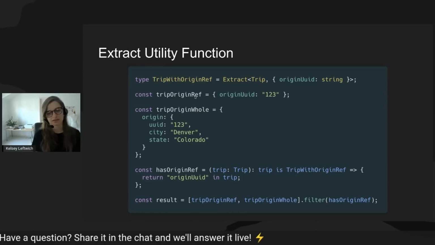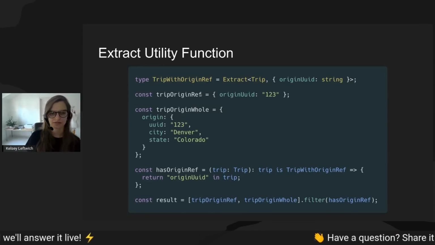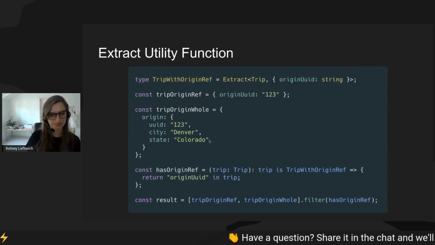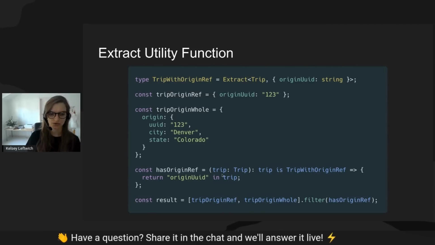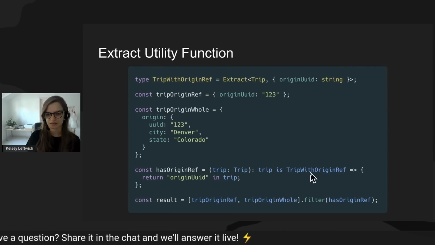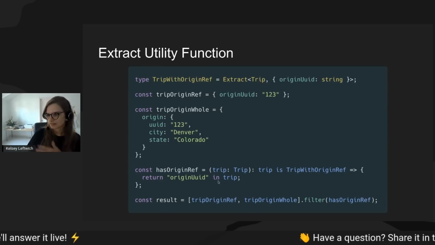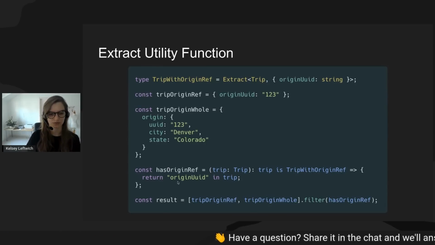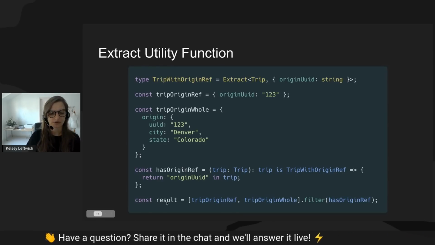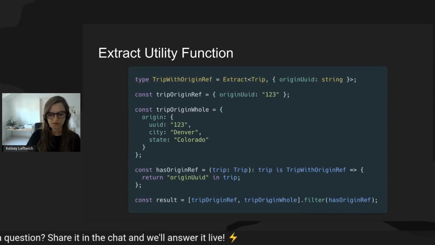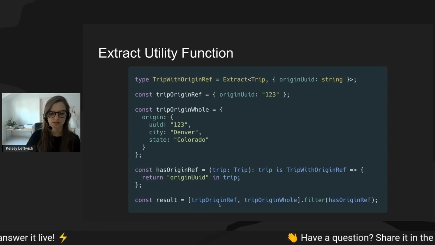Actually, what I'm demonstrating here is that these are two objects that don't have types explicitly set on them, but we can still create this type predicate hasOriginRef using that TripWithOriginRef. Here's our in operator; see, all these things build on each other. The in operator is present, so we're saying, is there an origin UUID in trip? Then we can filter on the result. We would pass both of these objects in, filter on hasOriginRef, and what we would get back would be just this one.